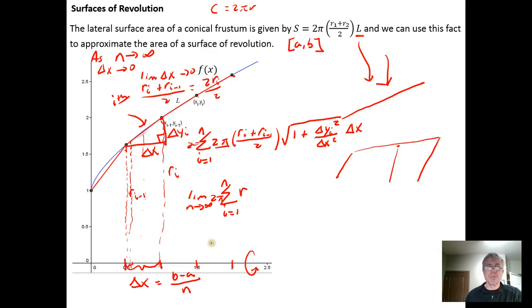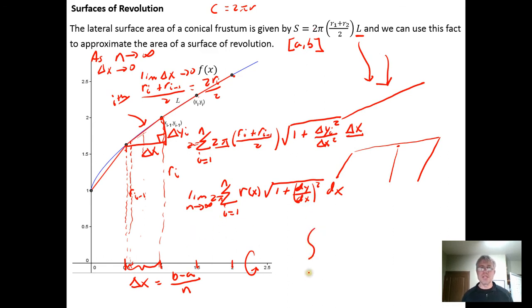And because we're working with respect to the x-axis, we would want to know the radius as a function of x, because we got a delta x here. And we actually get, in the limit, delta y sub i becomes dy, and delta x is dx. So we wind up with dy dx squared. But dy dx is just the derivative.